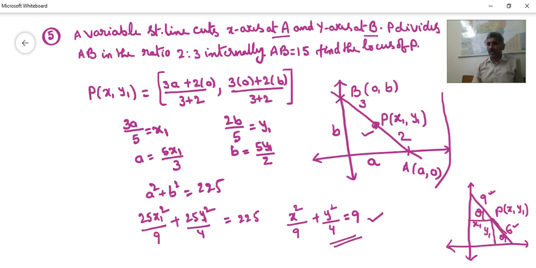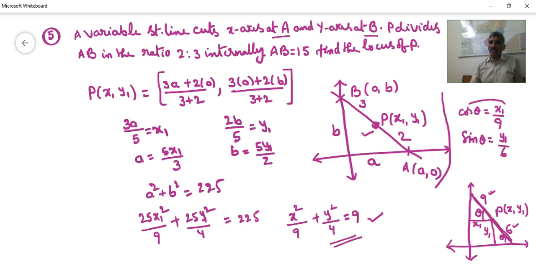So that's why this length is equal to 6, and this length is becoming 9. Now observe here, from this diagram I can write cos theta is equal to x1 by 9, whereas from this diagram we can write sin theta is equal to y1 by 6.